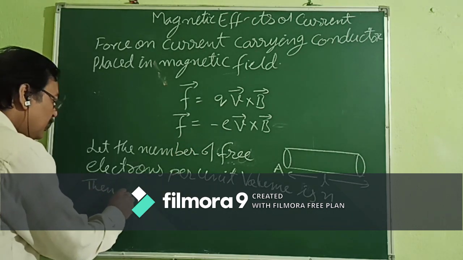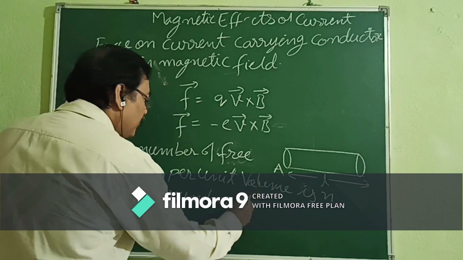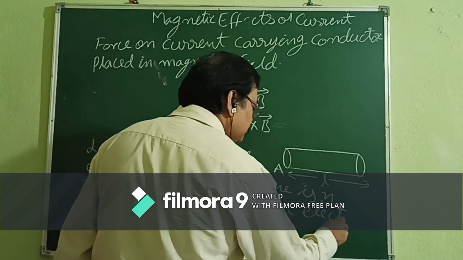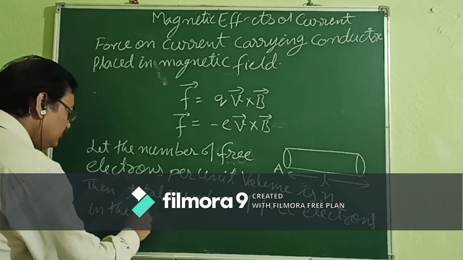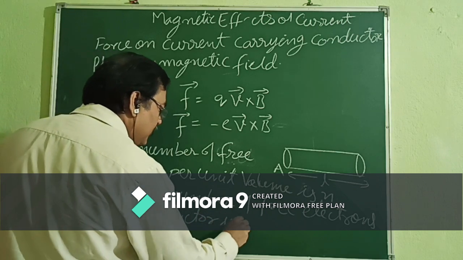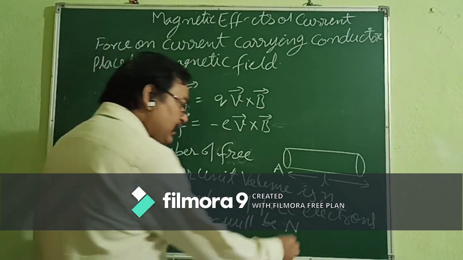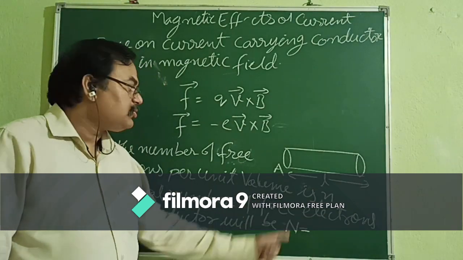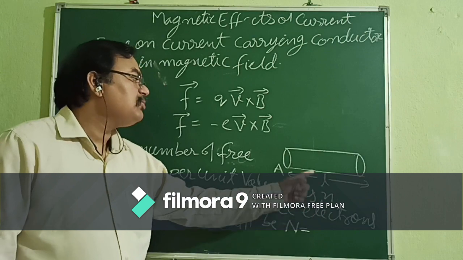Then the total number of free electrons in the conductor, let it be capital N. Obviously, per unit volume there are small n electrons, so the total number of free electrons in this conductor is the number of electrons per unit volume into the volume of the conductor.